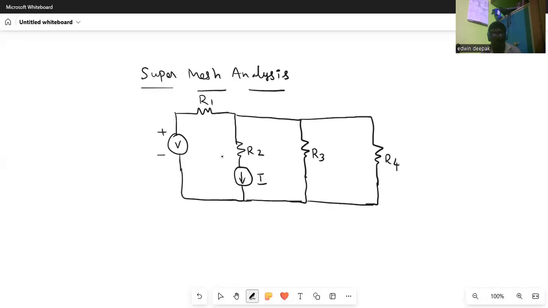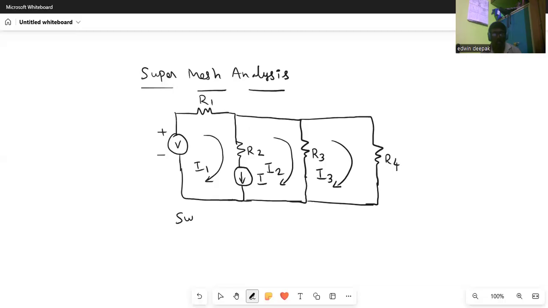So what we are going to do is form the super mesh between the first and second loop. Take this as mesh or loop 1. I am assuming the mesh currents as I1, I2, and here I3.